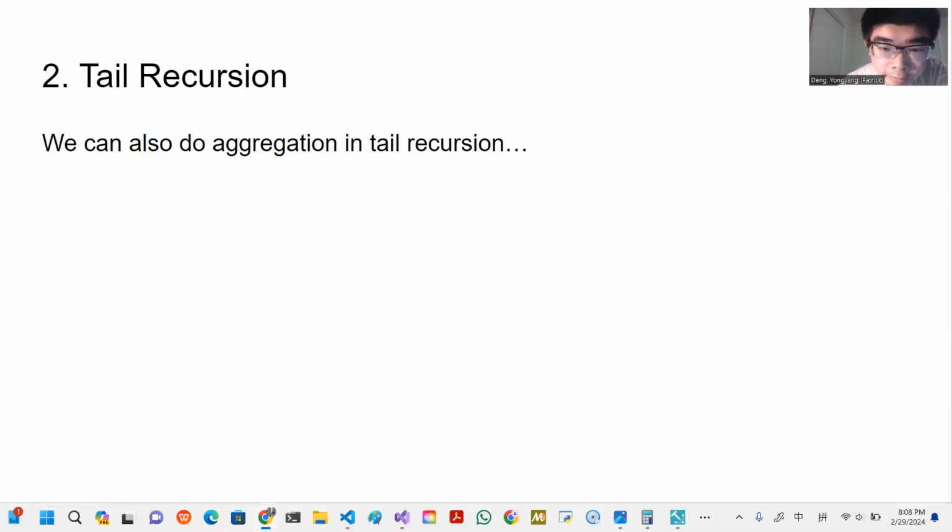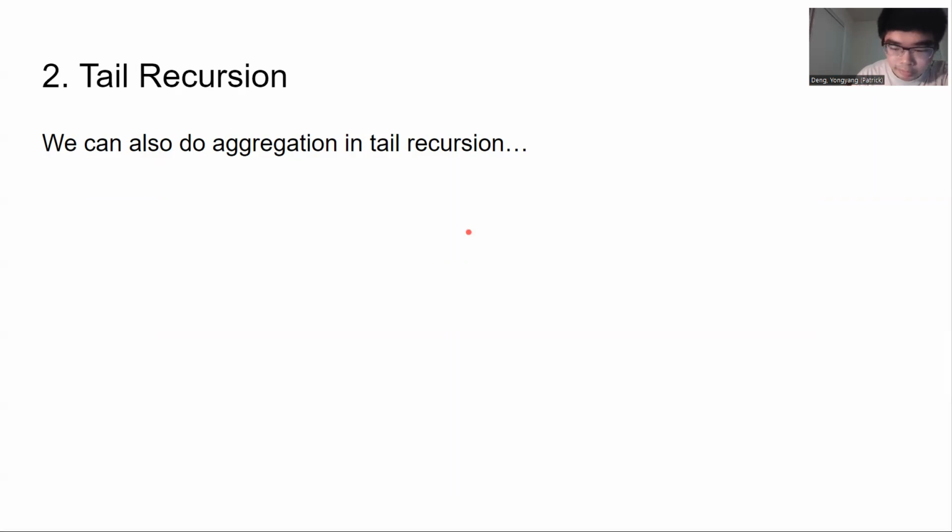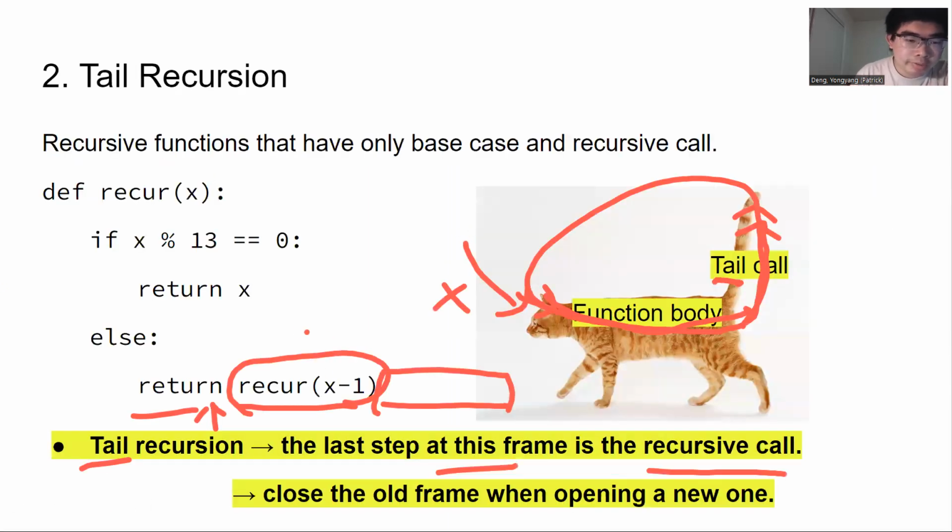Question: must I write return before the function call? In tail recursion, not really. But in single aggregate recursion, which we'll talk about later, you must write return before the function call. Because tail recursion is actually just iteration. It's usually just iteration, so you don't actually have to return something.